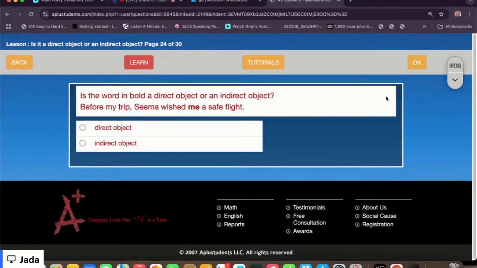Before my trip, Seema wished me a safe flight. What do you think is the right one here? Okay, so we have indirect object.